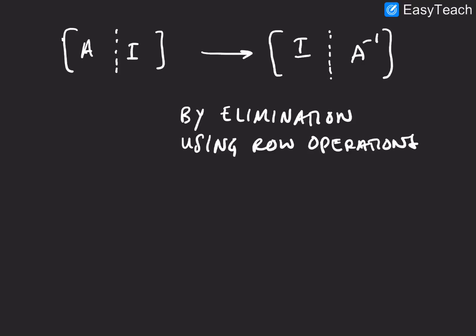So what I mean by that is when you change this A to this identity matrix, you're going to get out this A inverse on the right side. So I think it's easier to just see an example of it, and we'll get to that. But that's the idea.